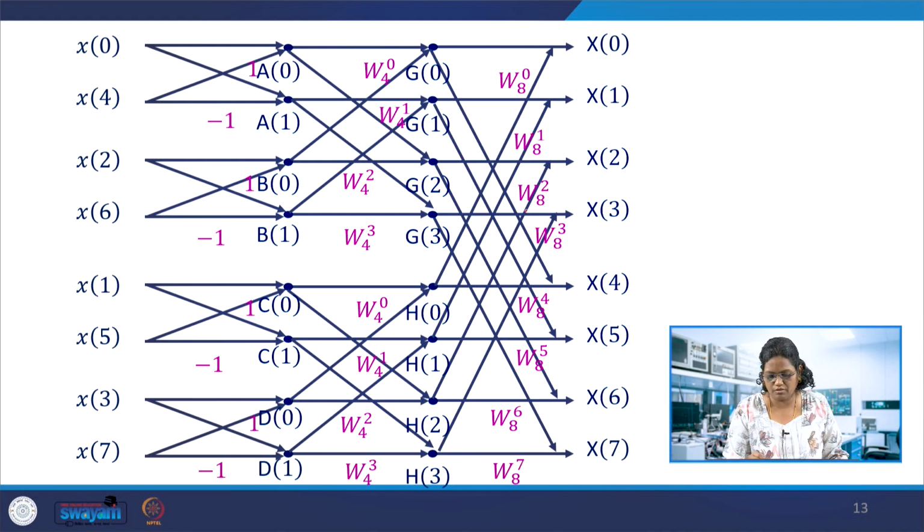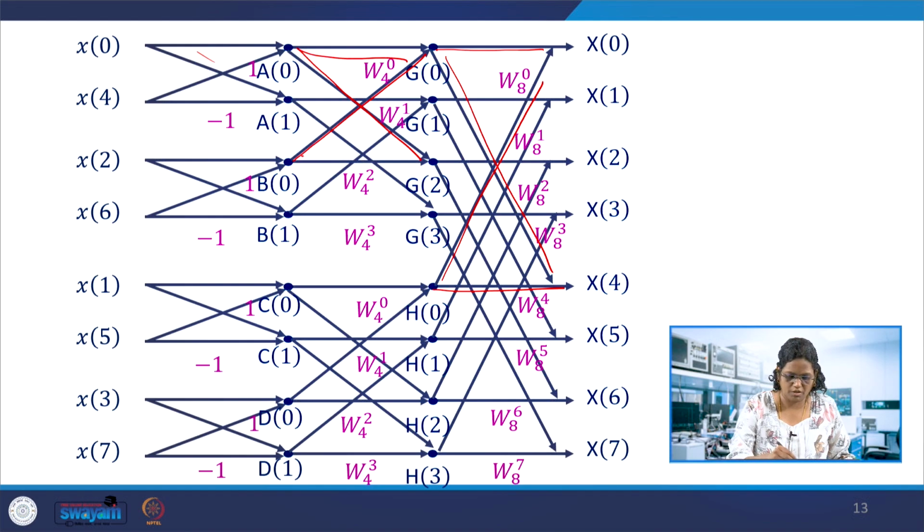If you take this and this, that would be one butterfly in this stage. Here this is 1. So we have 2 here, 2 here, that is 4.